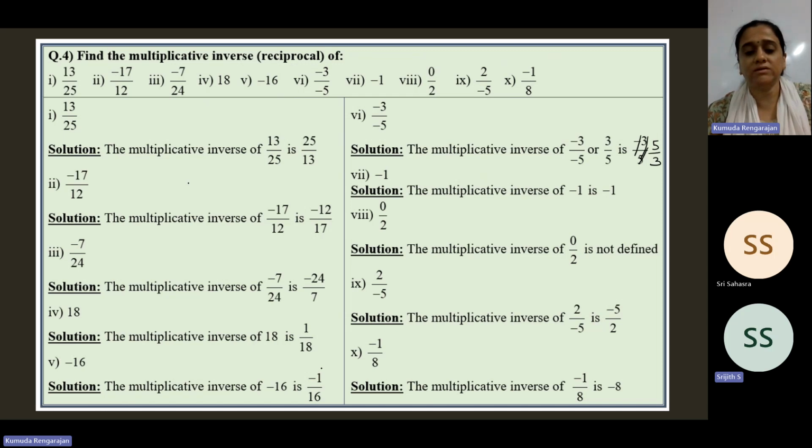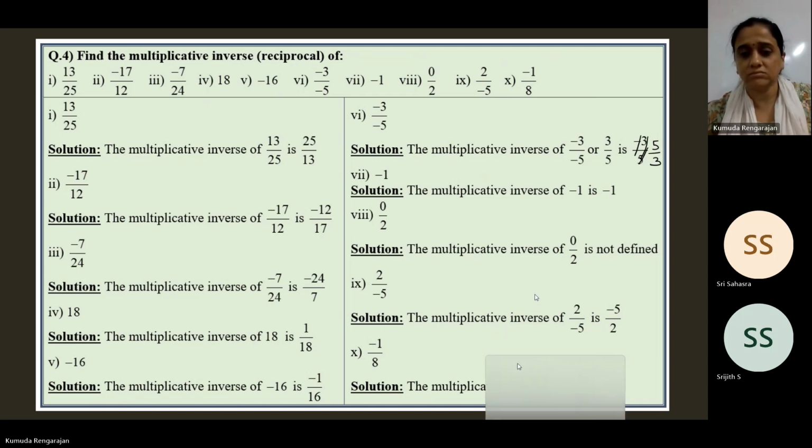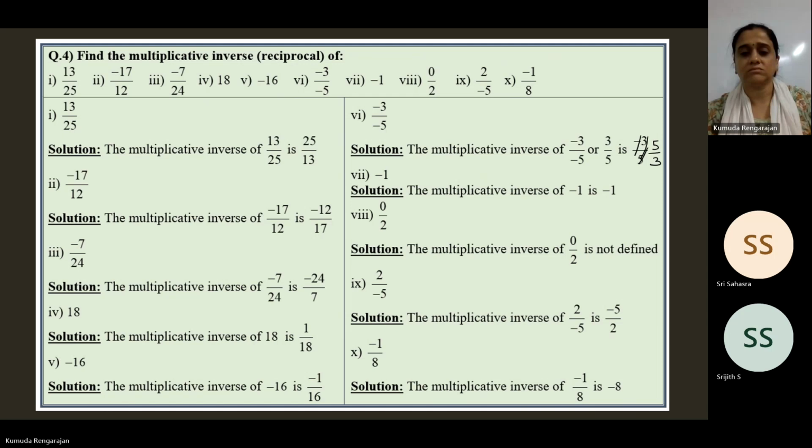Srijat, disable your mic. The others are correct.